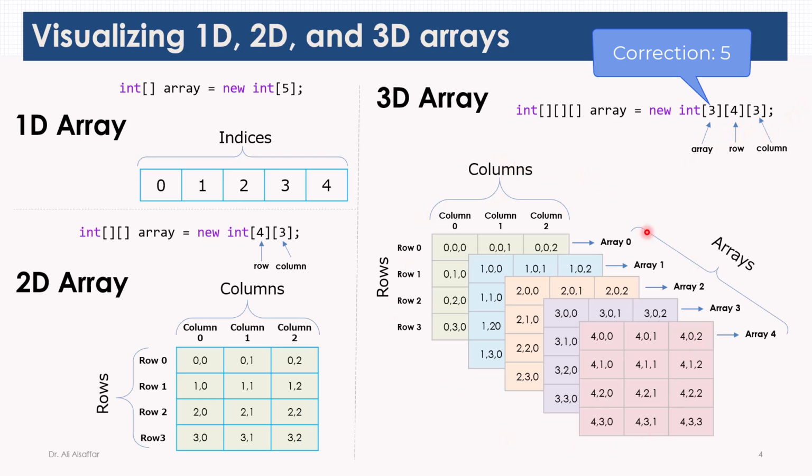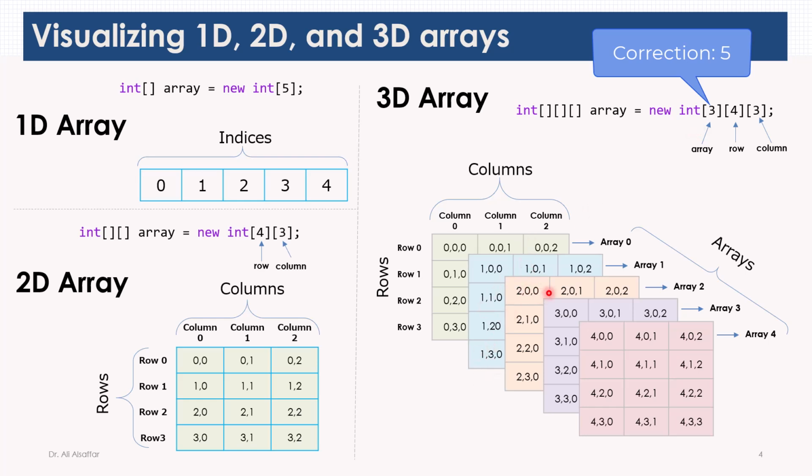Or you can visualize them as layers. So this is the first layer, and this is the second layer, which is a table. As you see, this table at the lowest level is at index 0 of the first array, and the second table is at index 1 of the array. So we say it is at level 1.